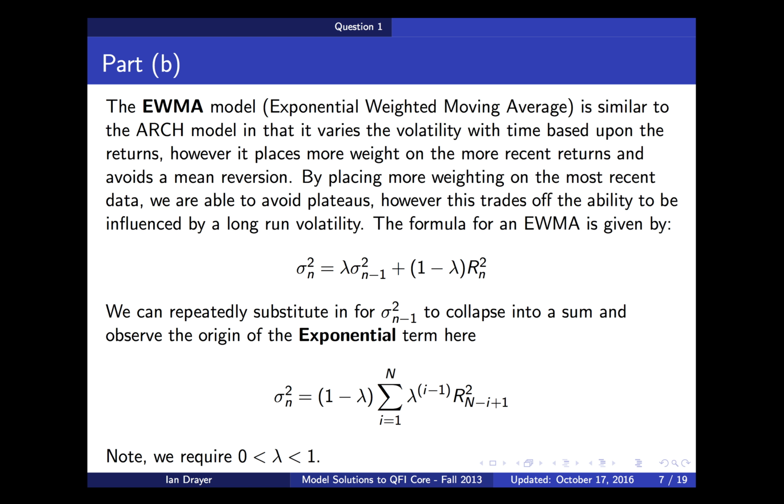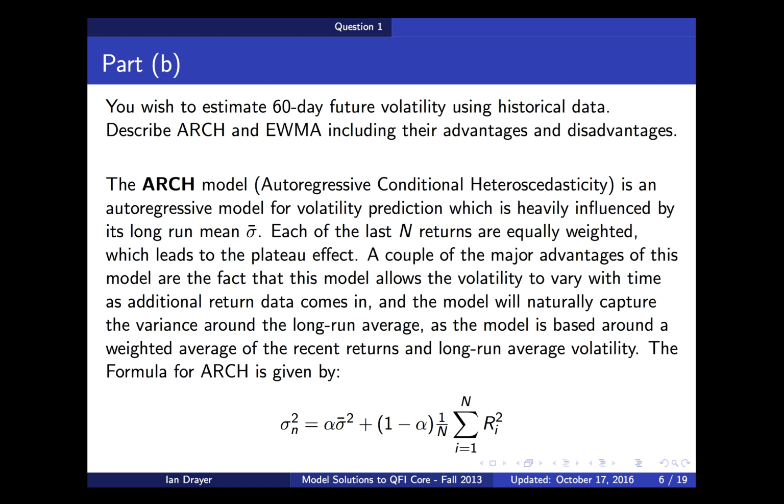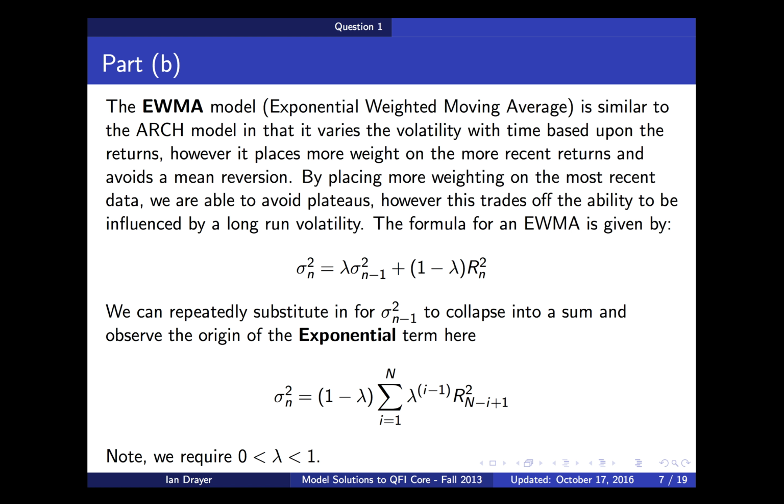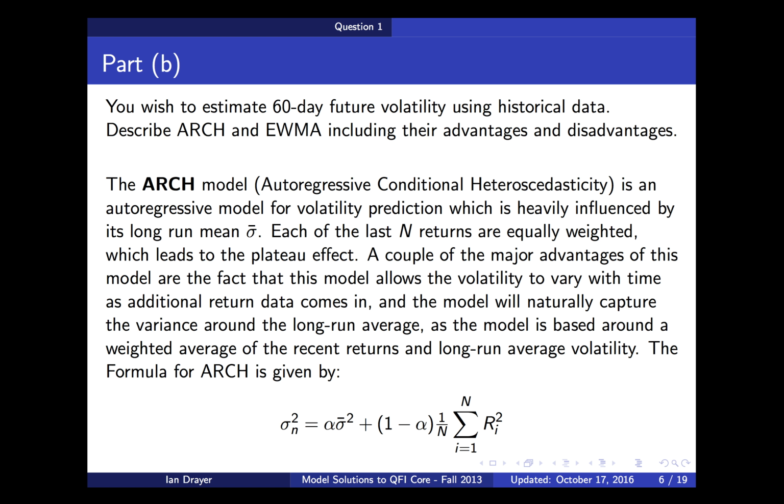And note that similar to how we require alpha to be between 0 and 1, we now require lambda to be between 0 and 1. Here, we did not have that same stipulation.